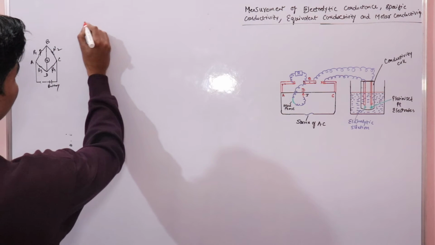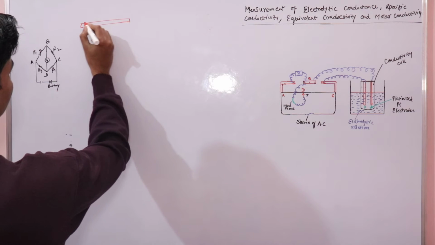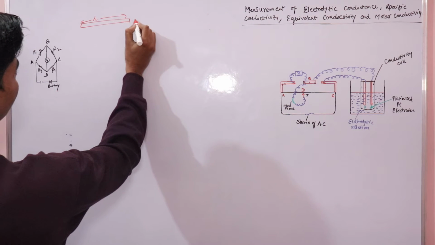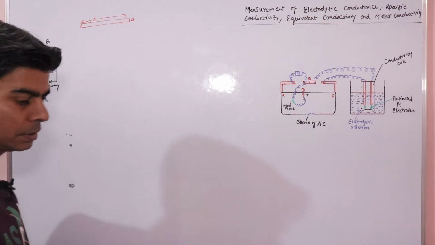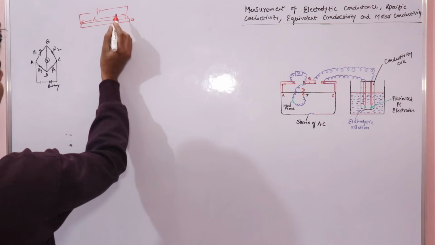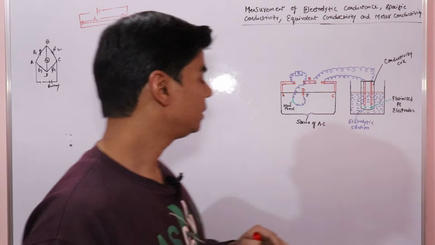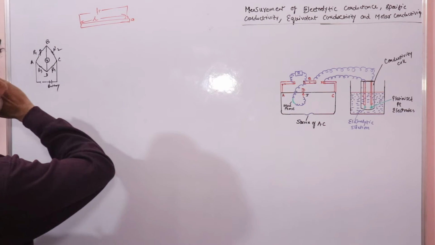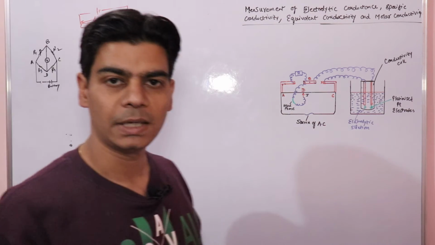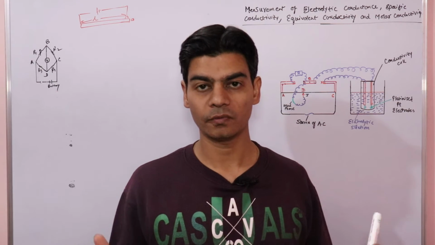We know that if this is a conducting rod of length L, area of cross section A, and I pass current through this battery into this metallic wire, then when the current starts flowing, there is an obstruction offered to the flow of current.